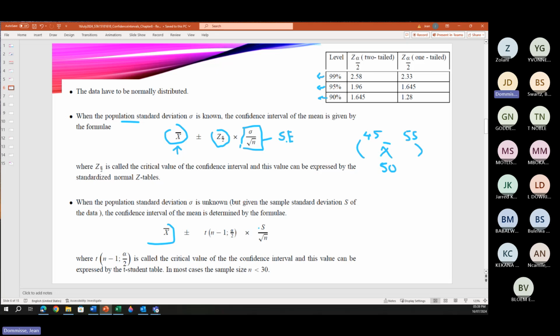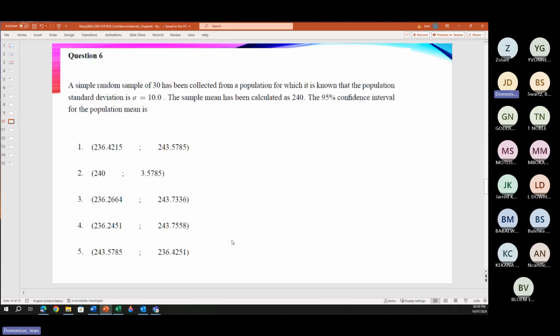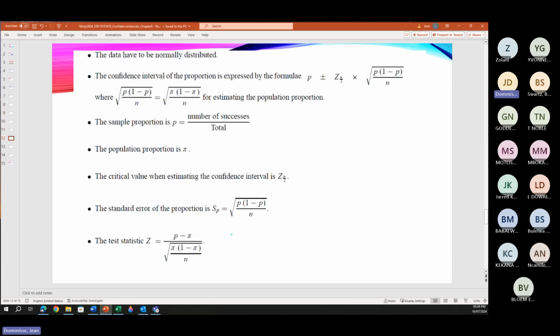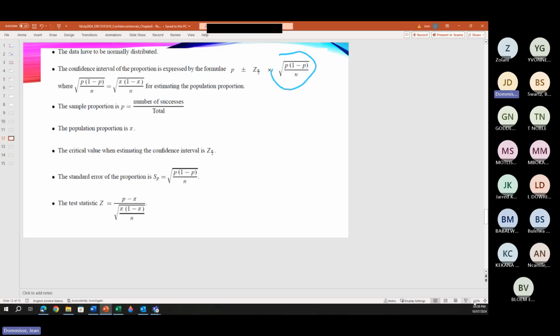In this formula we're going to multiply by the standard error, and the same when we get later on to the proportion one. Look at the formula of a proportion. Again, we are looking at the standard error.